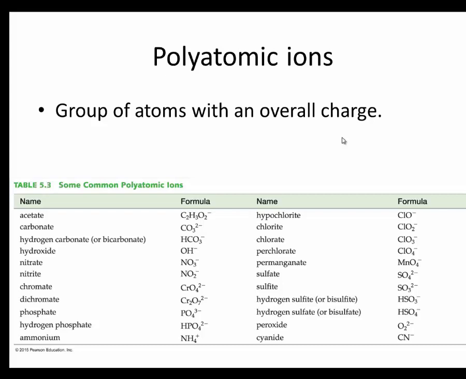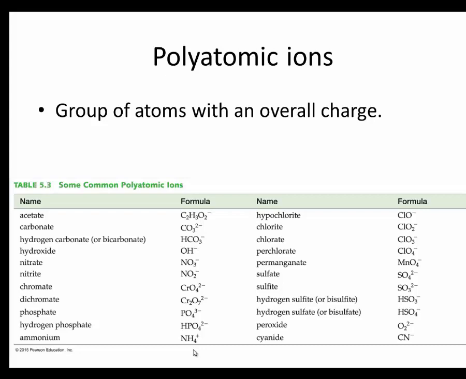What kind of charges are we seeing here? They are mostly negative charges. Most of the polyatomic ions will have a negative charge. There is one exception at the bottom of this chart: ammonium has a positive charge. The rest have negative charges.